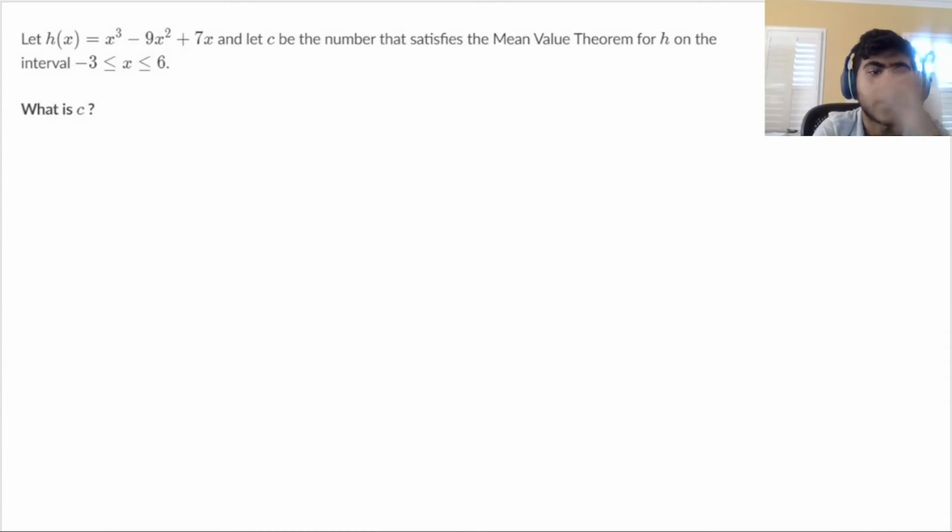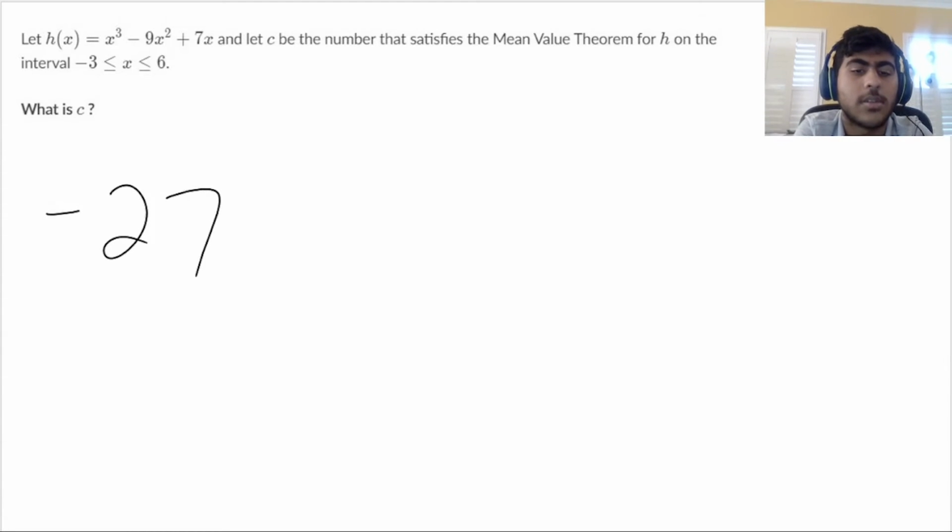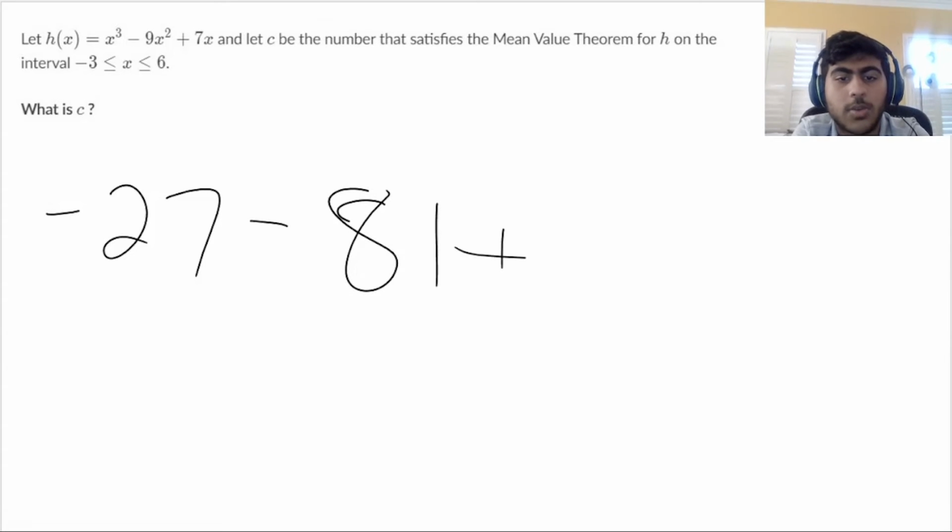Alright, let h of x equal x cubed minus 9x squared plus 7x, and let c be the number that satisfies the mean value theorem for h on the interval -3 less than or equal to x less than or equal to 6. We plug in -3 and 6. I'm guessing you know the drill by now. And we end up with -27 minus 81 minus 21.